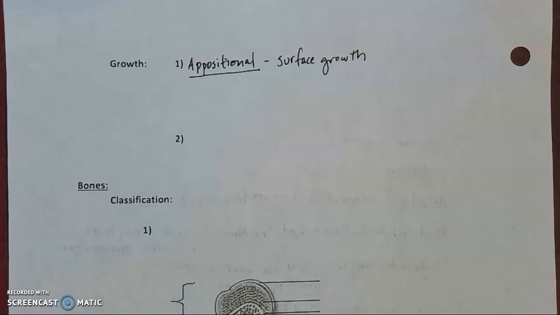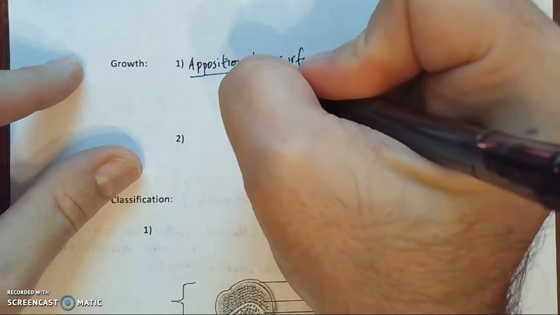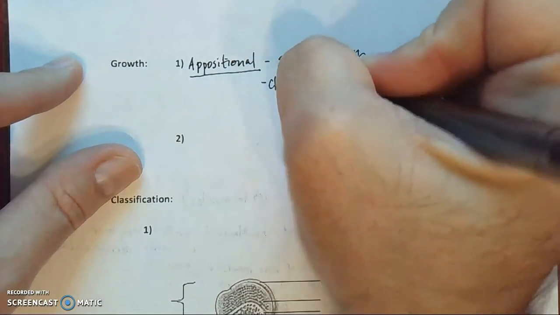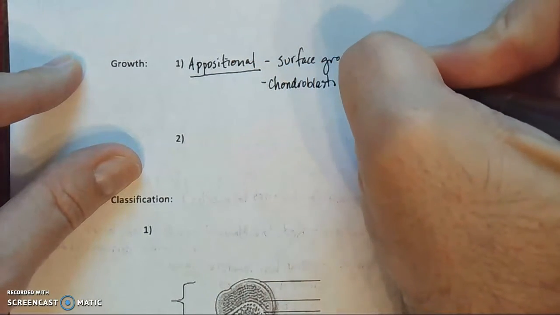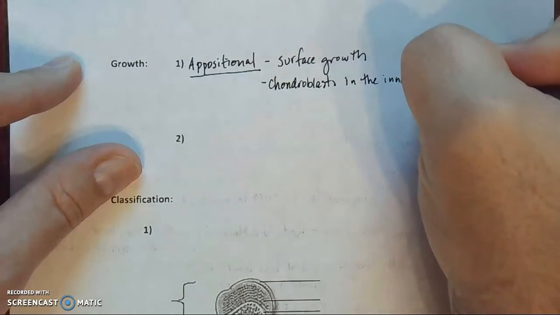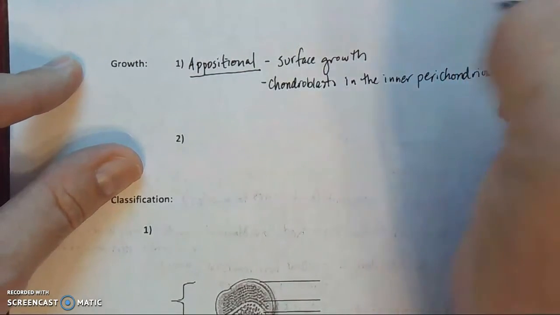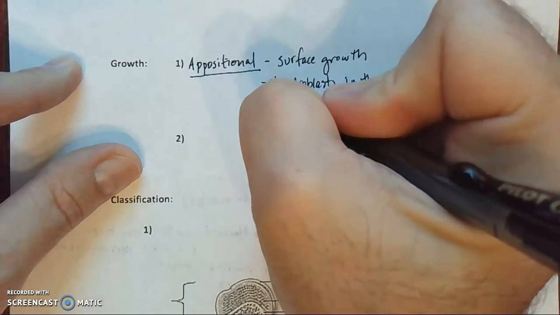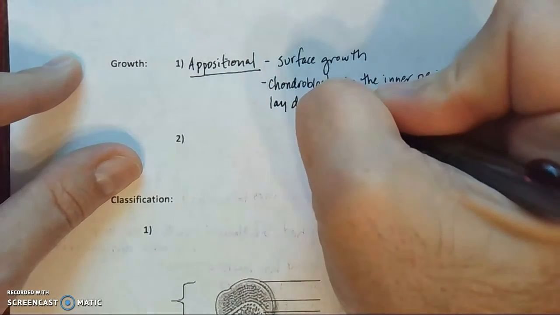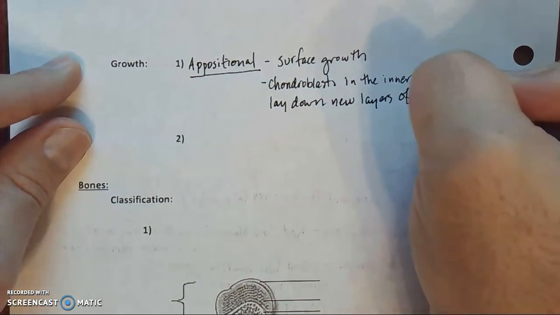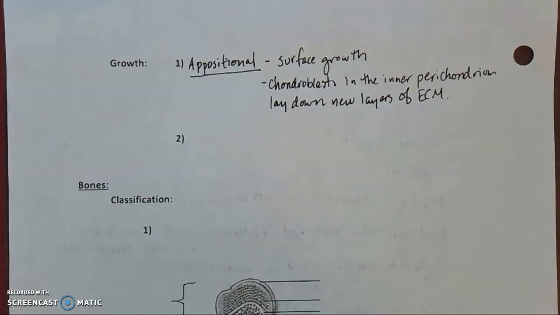This happens right underneath that perichondrium. Here we have chondroblasts in the inner perichondrium. They lay down new layers of ECM, and it builds up over time. So we get surface growth.